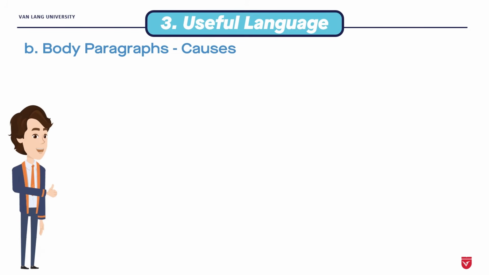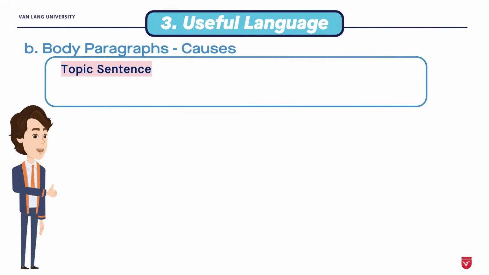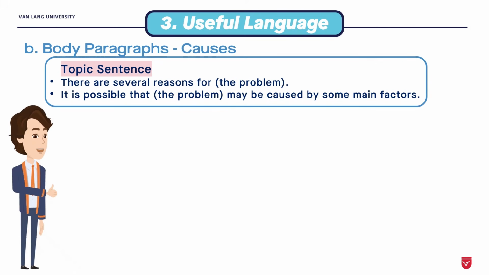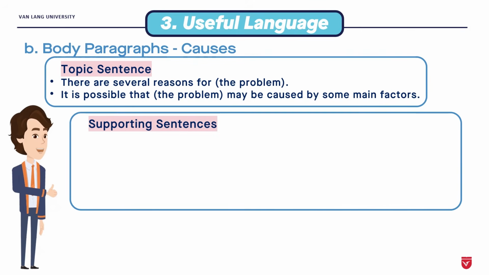Okay, let's continue with the language for the two body paragraphs. First, for the topic sentence, we can use one of these structures. There are several reasons for the problem. Or, it is possible that the problem may be caused by some main factors. Second, for supporting sentences, to describe the causes, there are many structures for you to use.